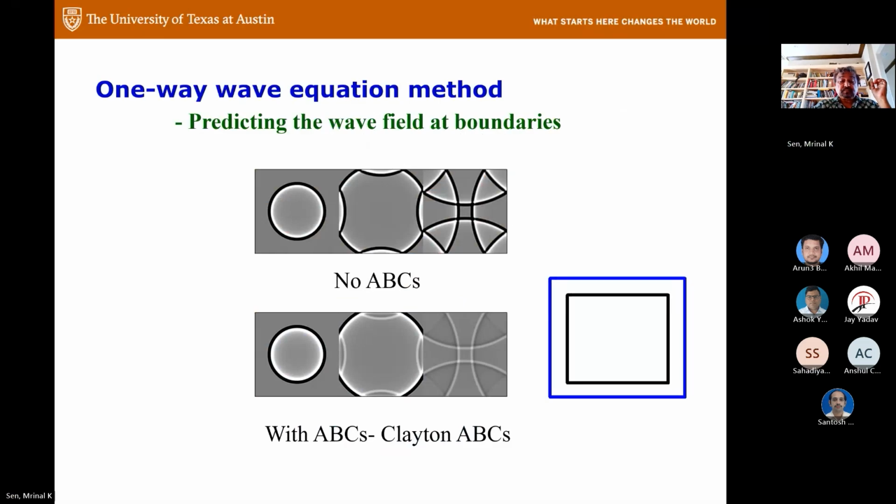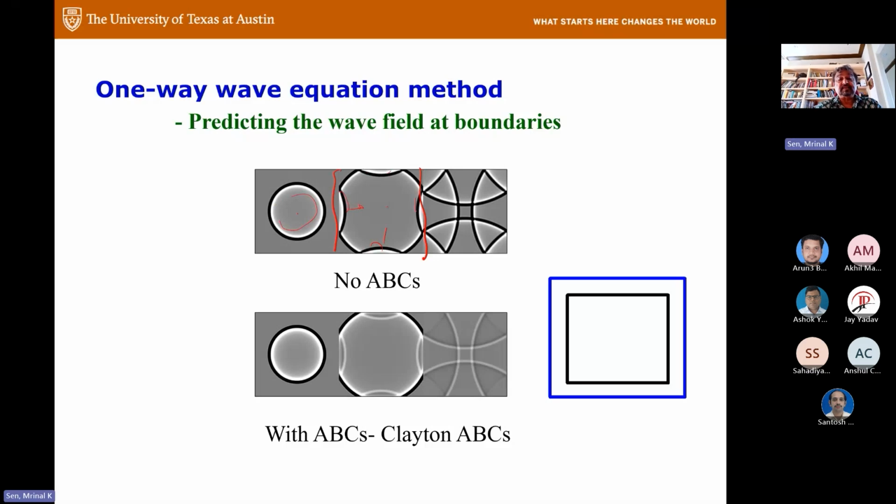So here is an example of a wave field in a simple homogeneous medium. Here I have a 2D domain, and there are no absorbing boundaries. Here, it does not touch the boundary, so it's all a circular path. As soon as it hits the boundary, you can see the waves are basically getting reflected back.